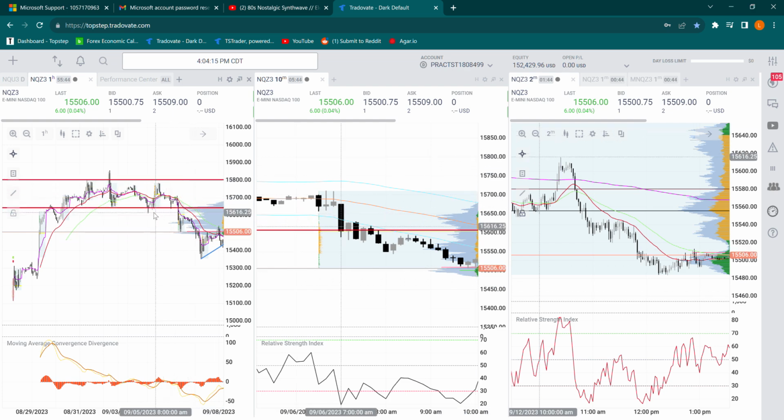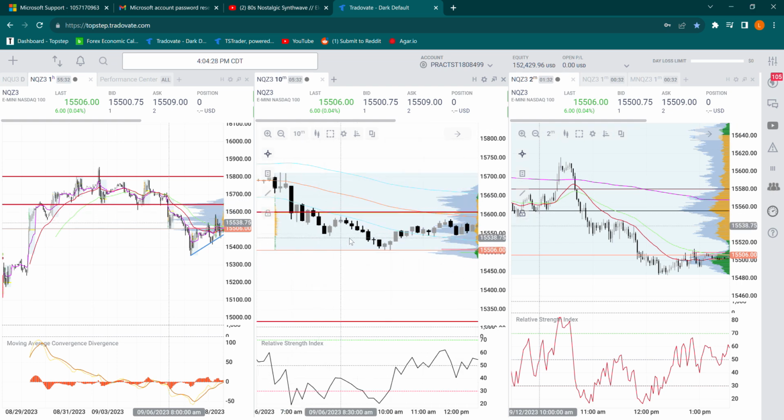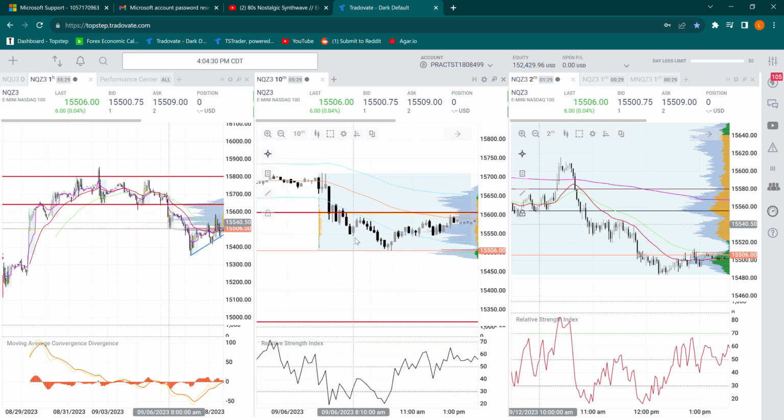Instead, just testing off of this wick barely, not even really making it up there. That, in combination with this retest, is most likely going to be the direction for the rest of the day, from what I've seen.